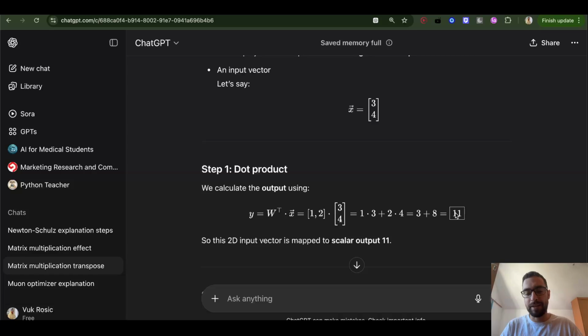Y, this 11, is the output that we also have. We have input and output, and we are trying to discover the weights, the rules that will let us learn how to map input to the output. So later when we just have inputs, we can predict the output. So yes, this weight is transforming this vector into the output, but also we are going to find this weight by transforming it with some other matrix or some other vector.